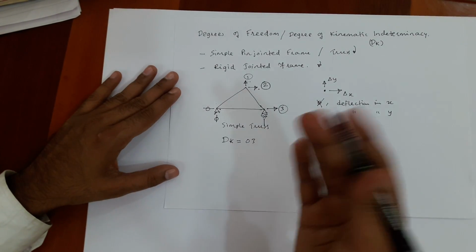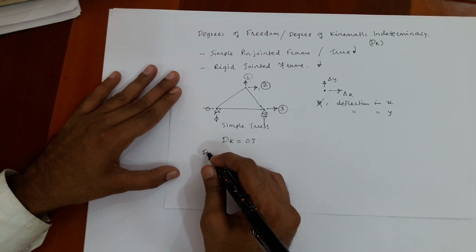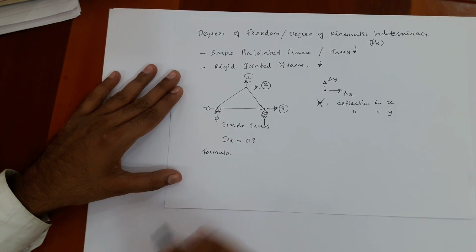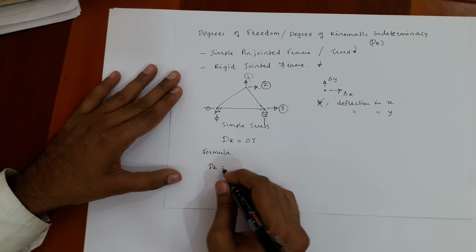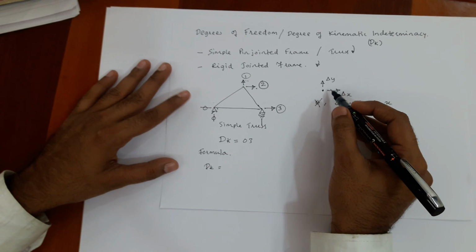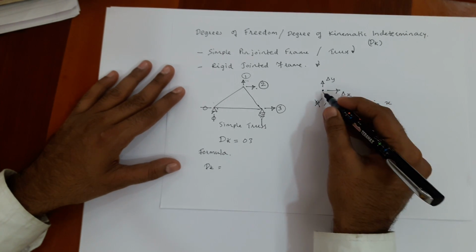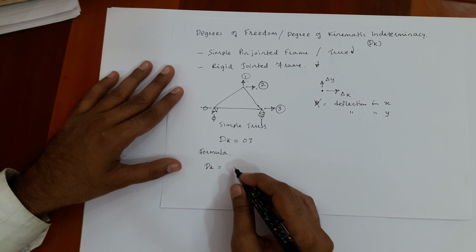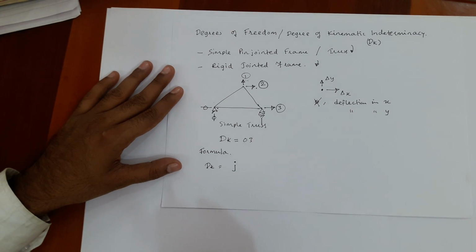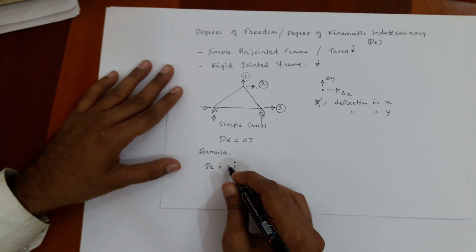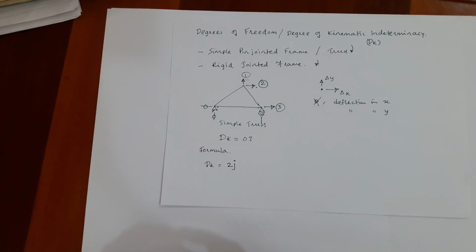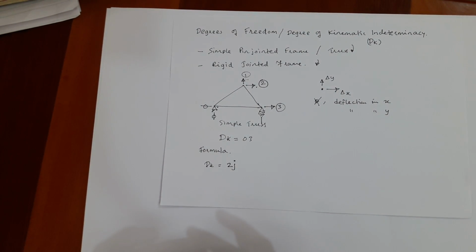We can develop the formula by following the same concept for dk. Now I told you each joint has two independent displacement components. So J is the number of joints and each joint has two independent displacement components, delta x and delta y.